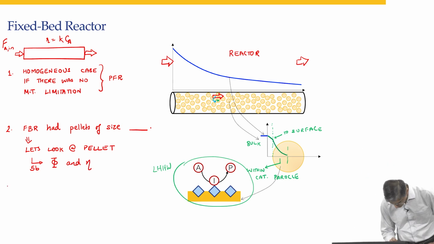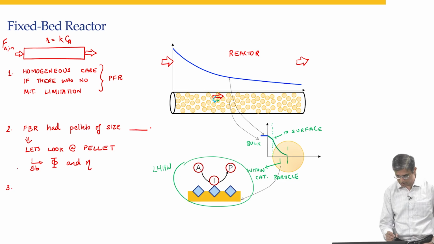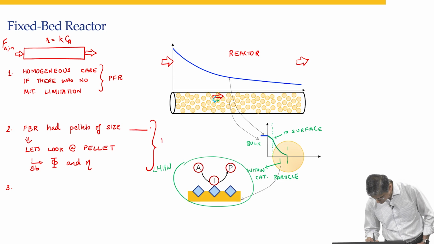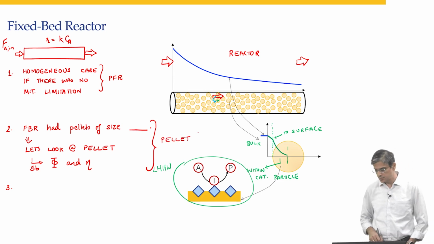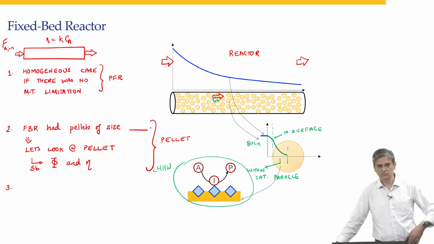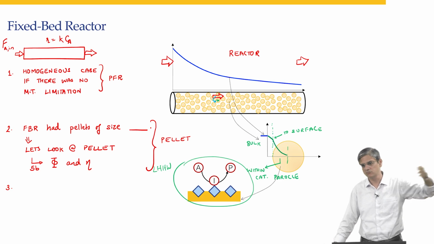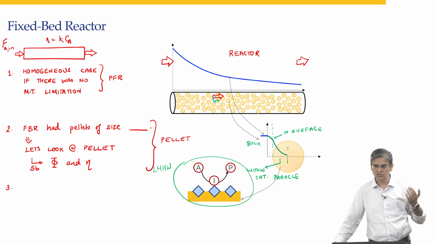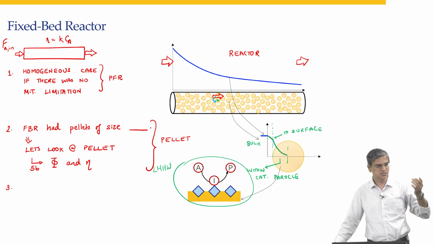Now let us say that this fixed bed reactor contained these pellets. The first problem we have just talked about, treat it like a PFR, don't worry about what is contained in the PFR. Now we are saying actually in the PFR you have pellets and there is diffusion and reaction taking place in the pellet.